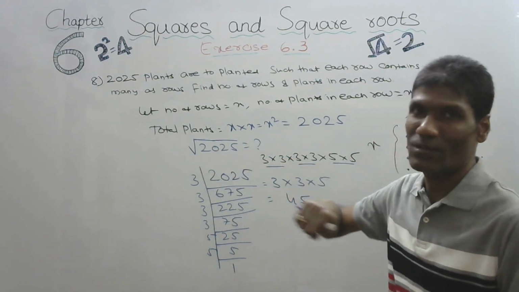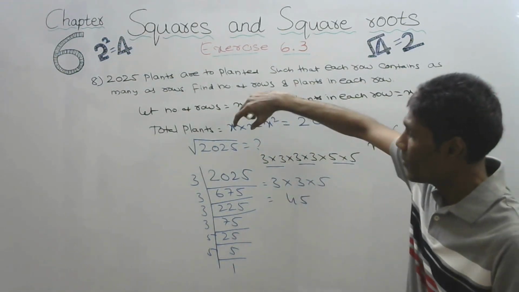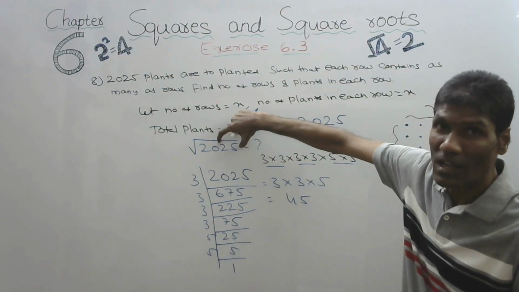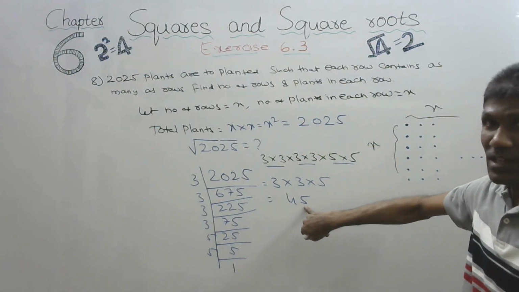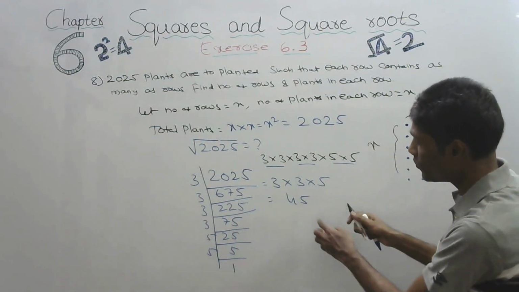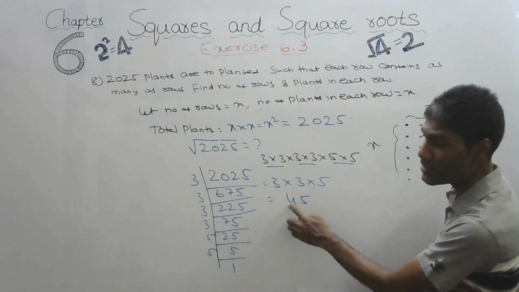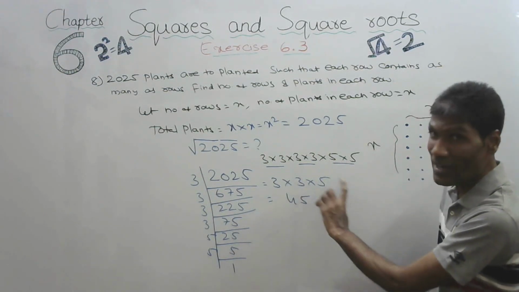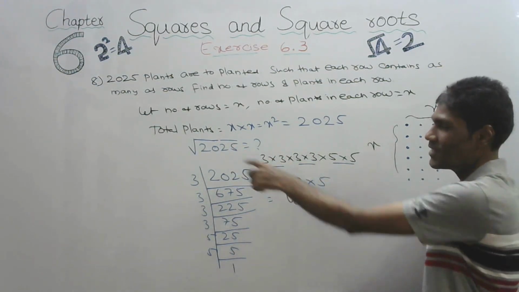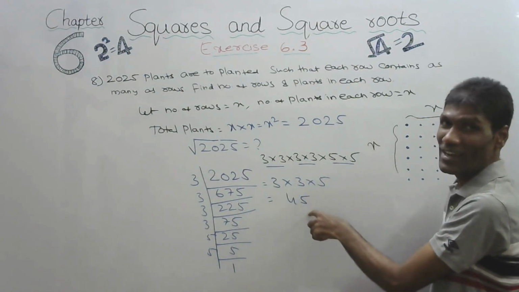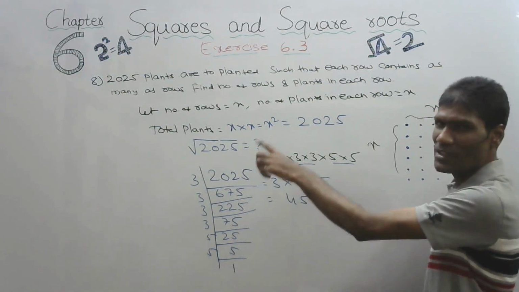We have some technique. If we have 5 in the last, do you remember the pattern? To find the square of this number, we take 4 multiplied by the next number. 4 5s are 20, so 2025. So directly also we can find. But this is the method to find.